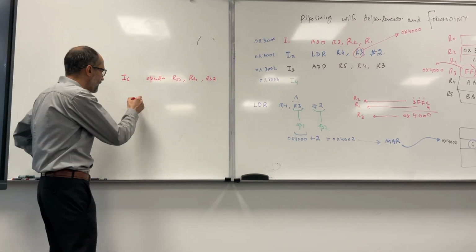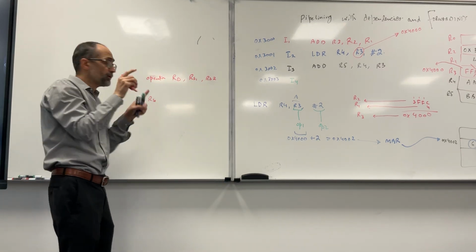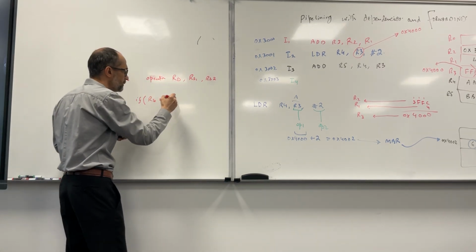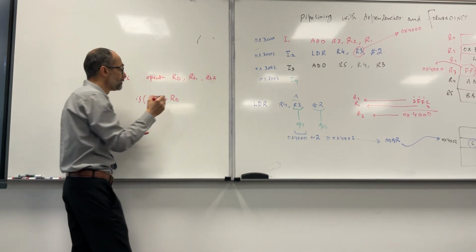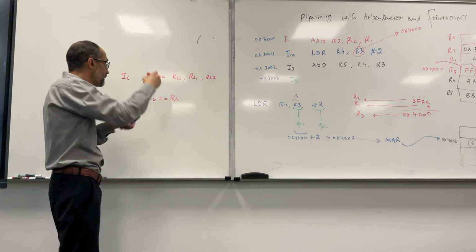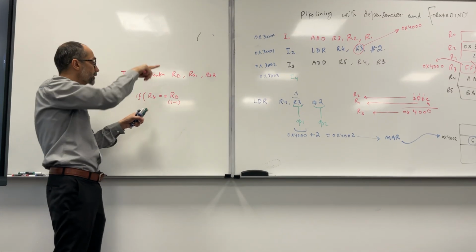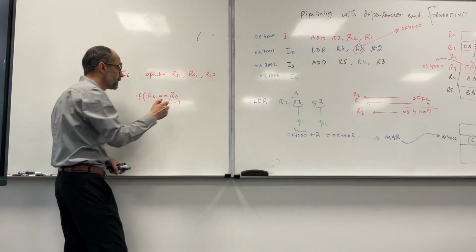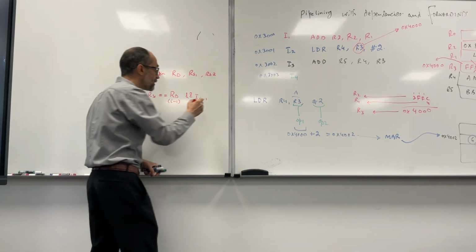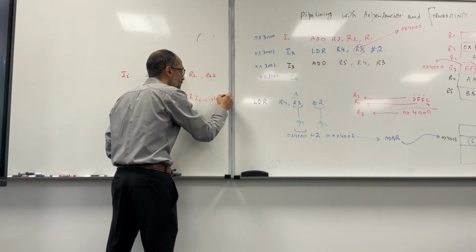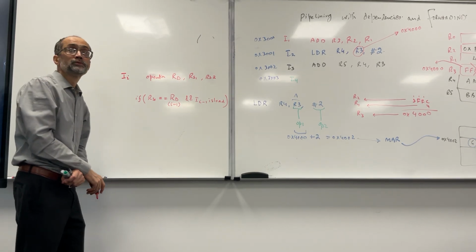Okay. Please remember the first source operand. If the first source operand RS1 is dependent on the RD of I-1, the previous instruction, and I-1 is a load instruction, what do we need to do? Introduce what?